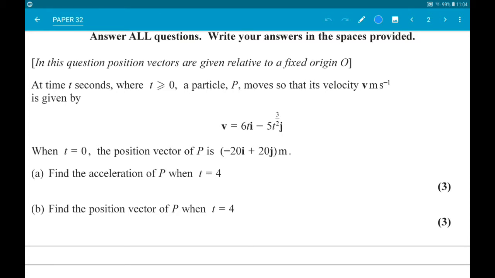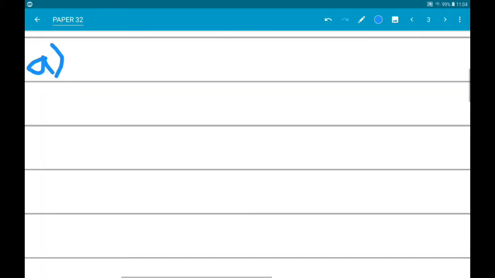Alright. So, acceleration is the derivative of velocity.